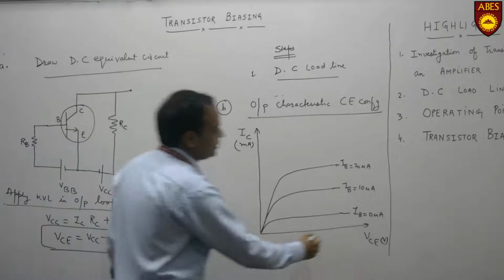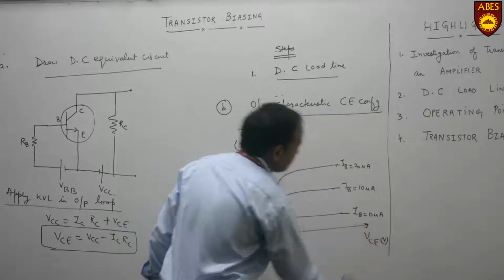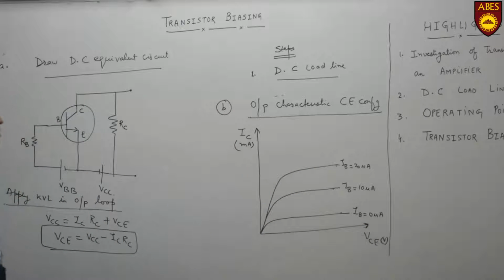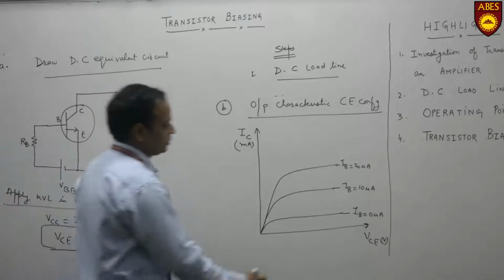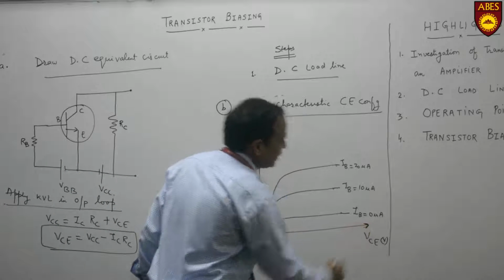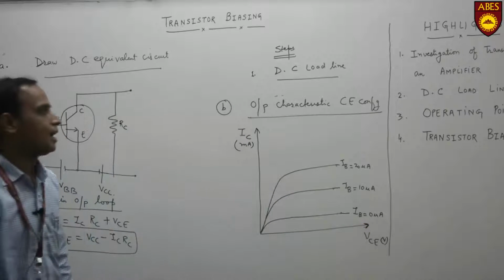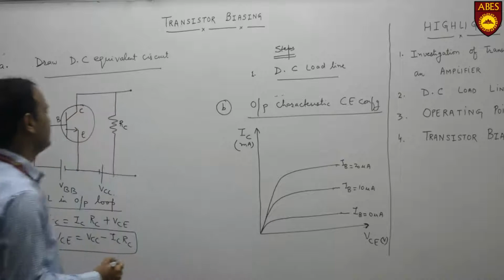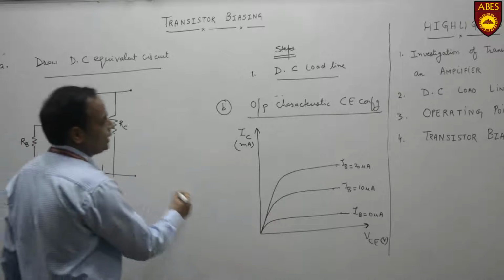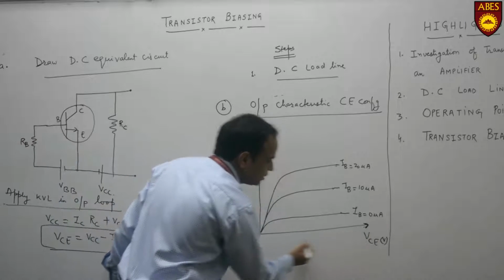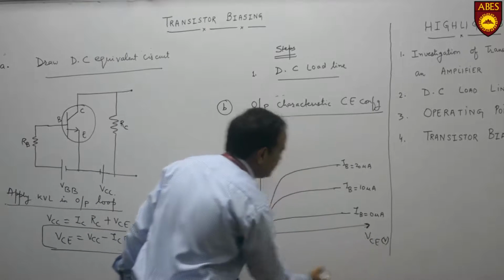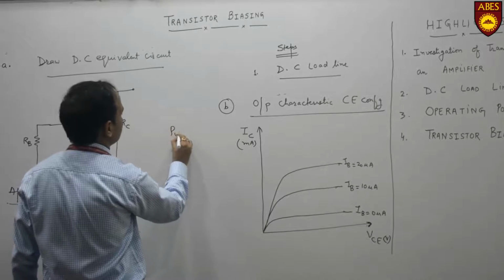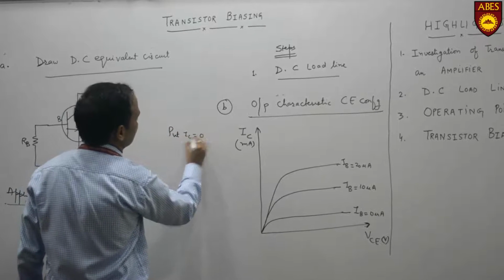Now, in order to draw the DC load line, we require the starting and ending point of the line on this characteristic. That can easily be interpreted. If we want any point on this axis, which is called the axis of VCE, we have to put IC equal to 0.